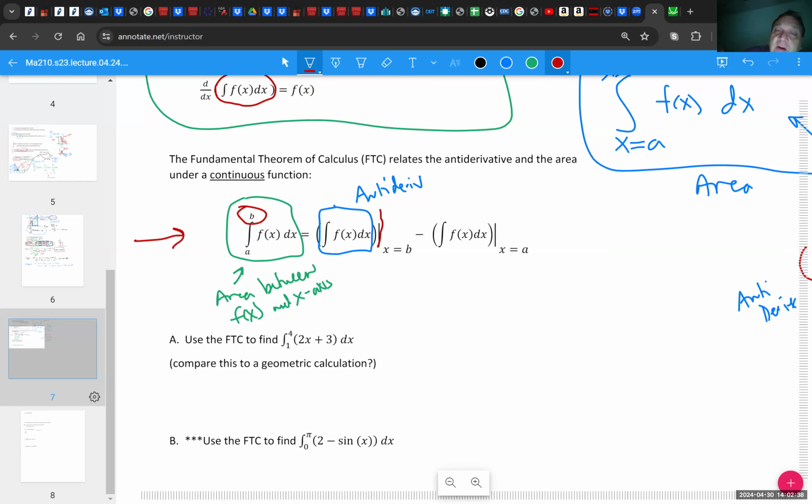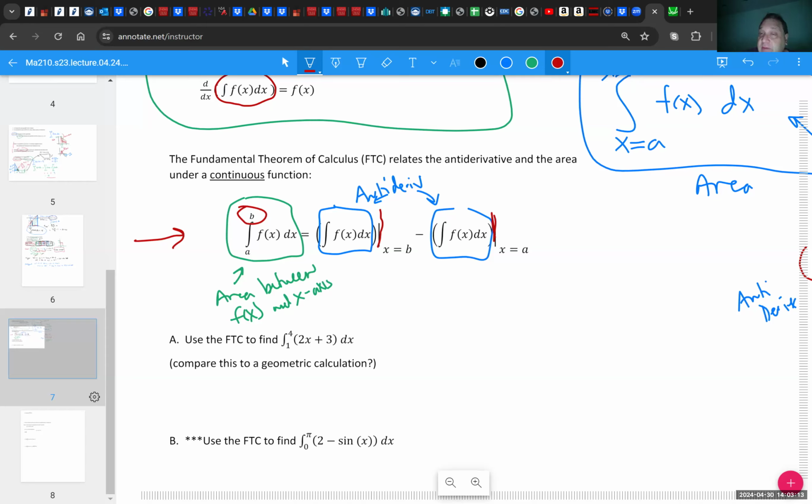And then over here, we do the exact same antiderivative, except that we're plugging in the left-hand endpoint, x equals a. So what you end up doing is finding the antiderivative of our function, plugging in the left-hand endpoint and the right-hand endpoint, subtracting those two, and that gives you the area. So the area is calculated using the antiderivative by plugging in the two endpoints, a and b, and subtracting. And that is called the fundamental theorem of calculus.